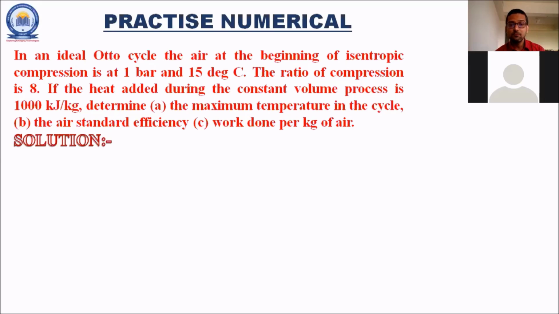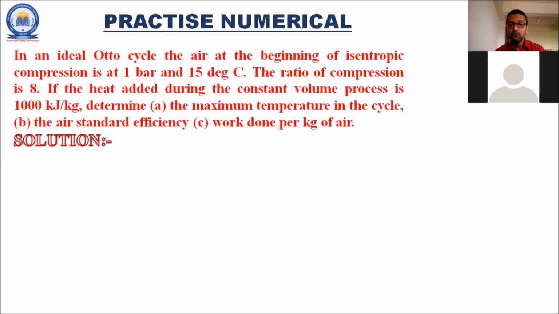The compression ratio, small r, is equal to 8. The heat added during the constant volume process is 1000 kilojoule per kg. So Qs is equal to 1000 kilojoule per kg, converting that value into joule per kg.